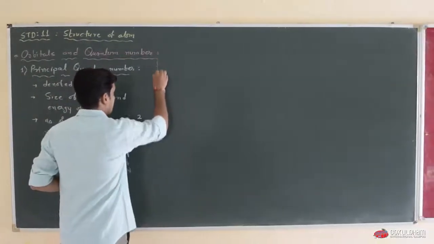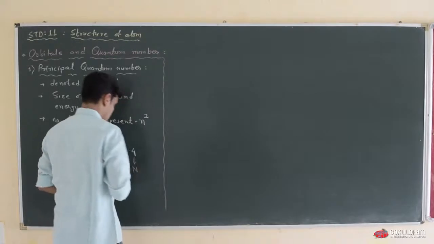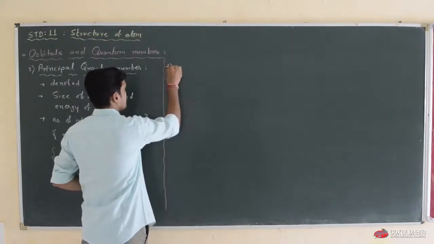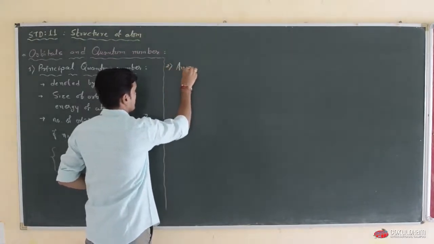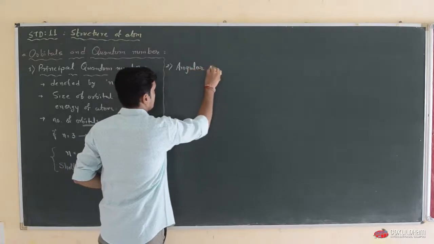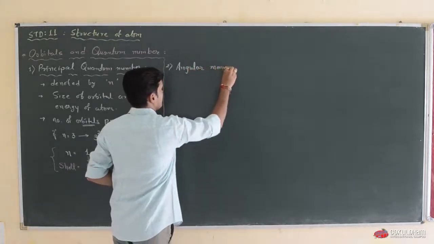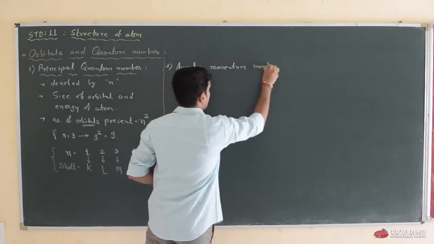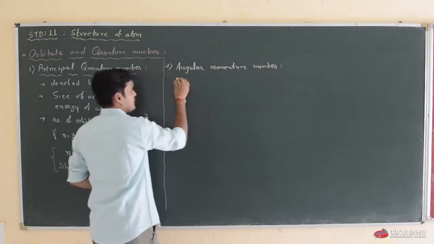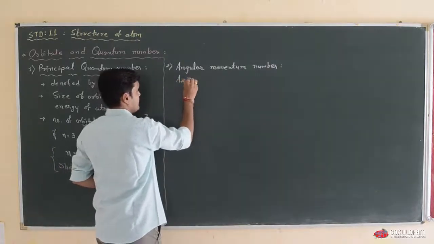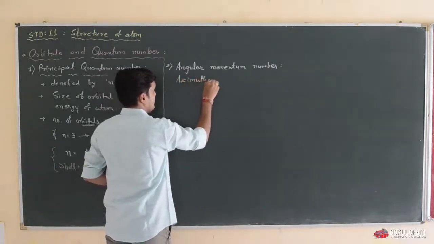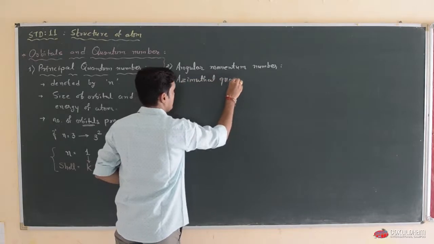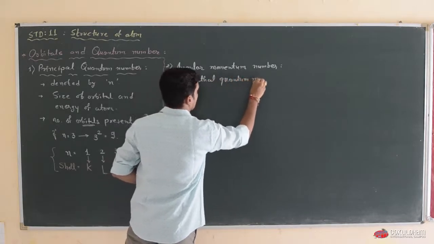Our second type is the angular momentum quantum number, or another name, the azimuthal quantum number.